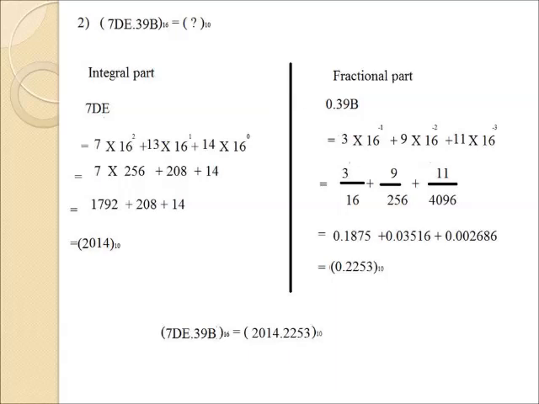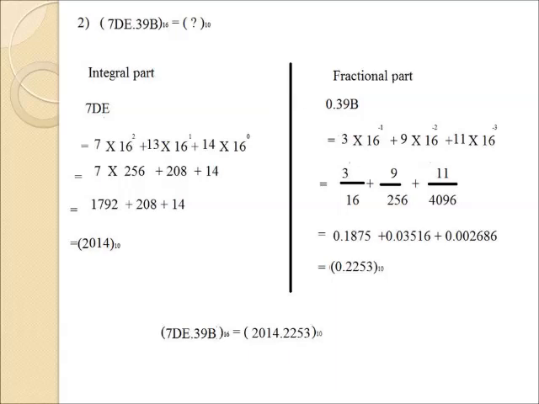As there are 3 digits there, the powers are 0, 1, 2. So 7 into 16 raised to 2, plus, instead of D, we can use 13, so 13 into 16 raised to 1, plus 14 into 16 raised to 0.